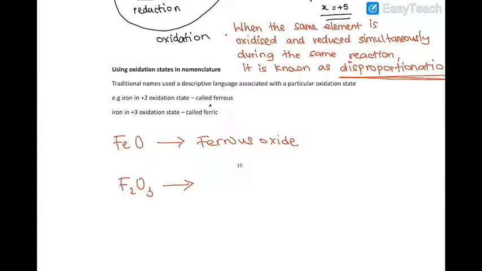And here we have iron with oxidation state +3, which used to be called ferric oxide. So there were a lot of names that you had to remember with the traditional nomenclature. This has been changed to a more recognizable and unambiguous system.